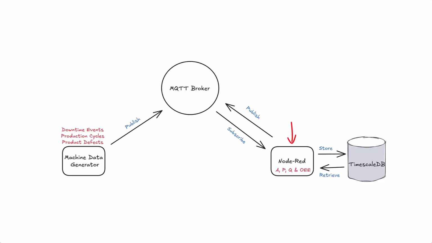Then on my Node-RED instance, I have a flow that is subscribing to the 3 MQTT topics and writing the data to 3 corresponding tables in the TimescaleDB database. And then I have another flow for pulling the data out of the database tables to perform calculations of machine performance metrics that include availability, quality, performance, OEE, and the associated OEE losses.